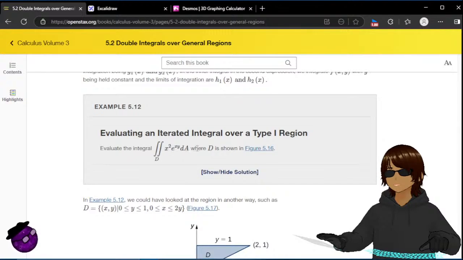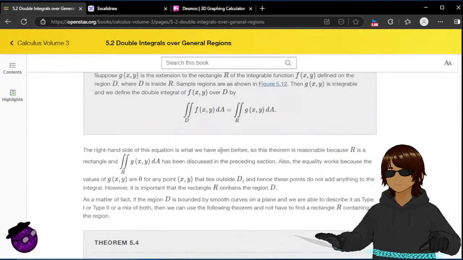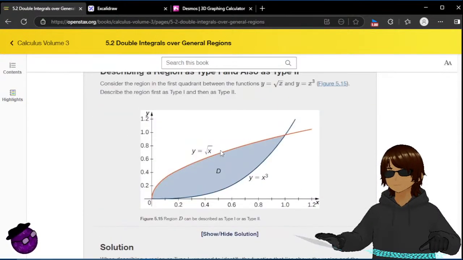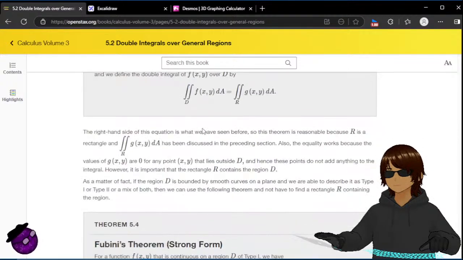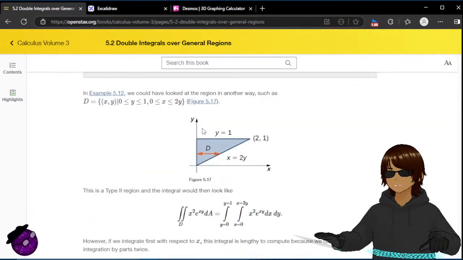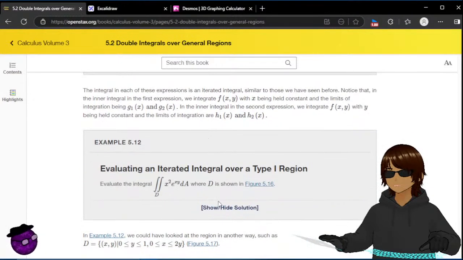Evaluate the integral where D is shown in figure 5.16.